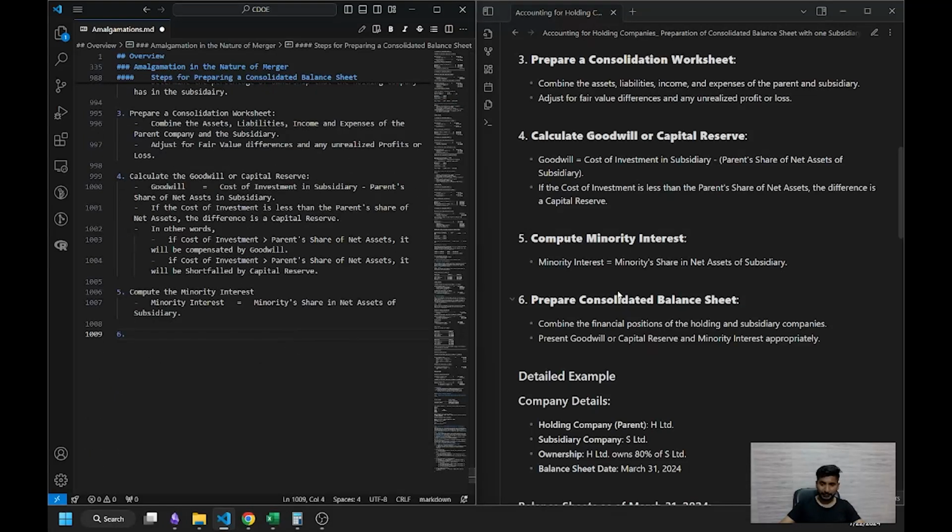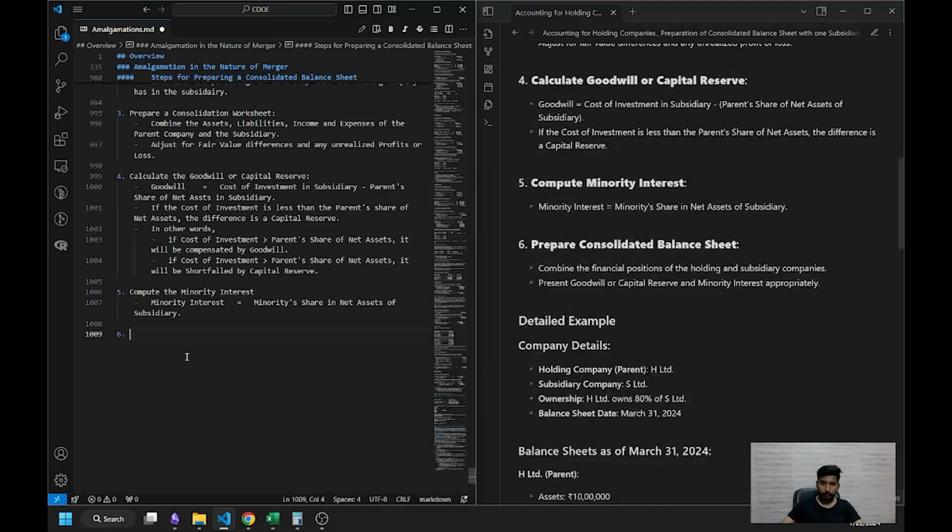And in the sixth step, we prepare a consolidated balance sheet.